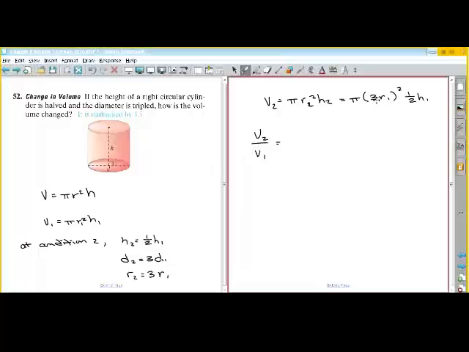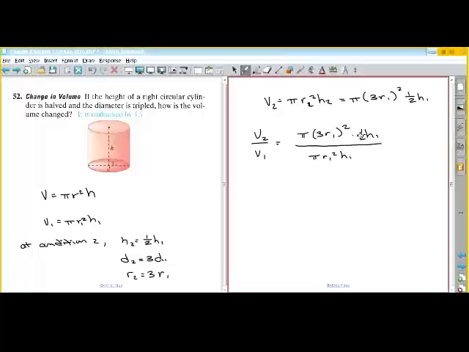And what I do is I write the volume here in terms of the original dimensions. So I'd have pi times 3r1 squared times 1/2 h1. That's the volume after the changes. And I divide by the volume with the original values in here.